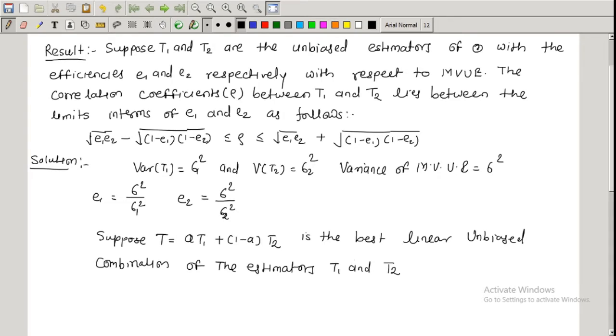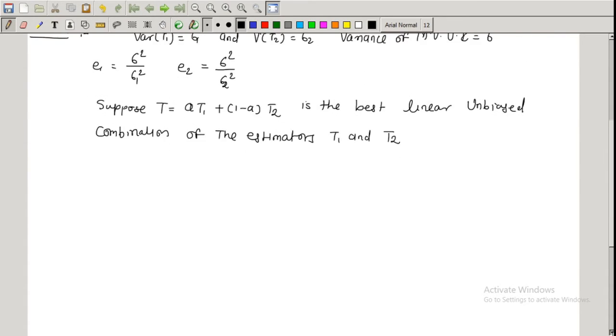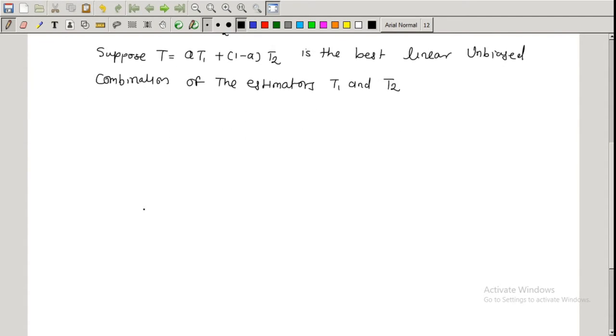So we can say that the variance of the statistic T is greater than or equal to the variance of the minimum variance unbiased estimator.